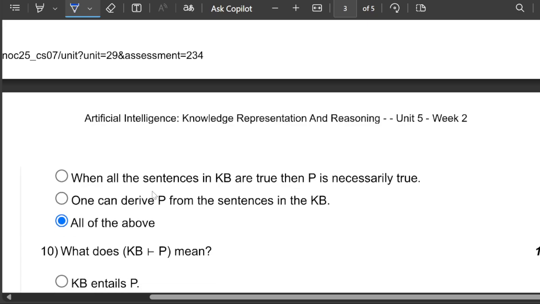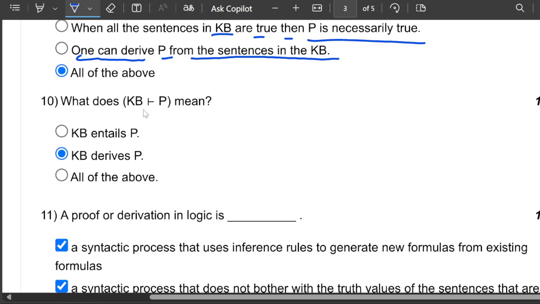When all the sentences in KB are true, then P is necessarily true. One can derive P from the sentences of KB, so both are true. This means derive. It's a subset of entails.